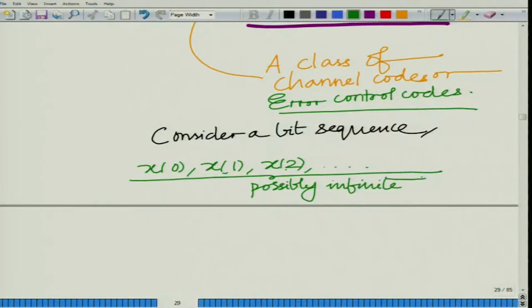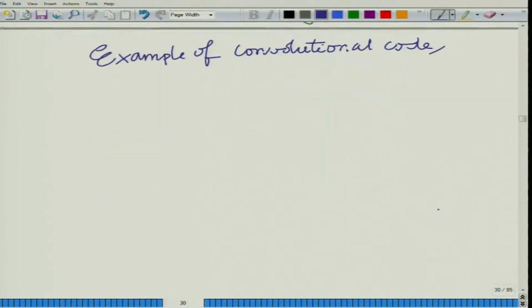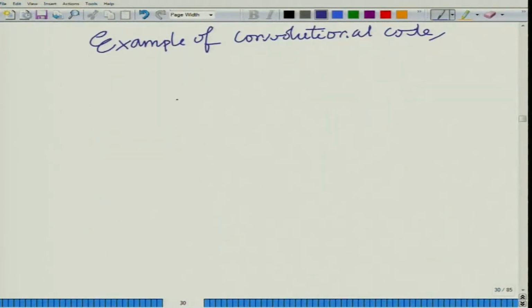Now, an example of a convolutional code can be defined as follows.